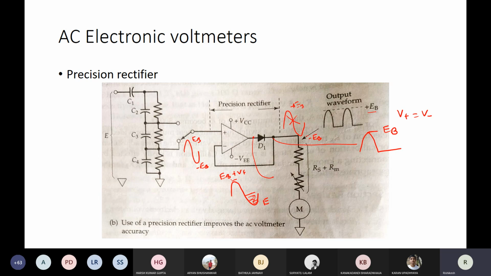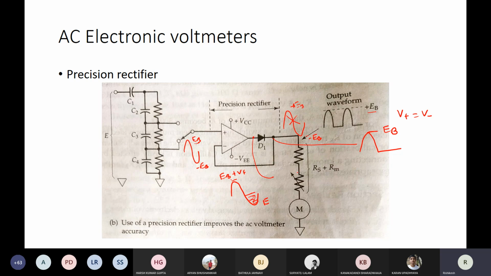So the output voltage will take care of the voltage drop across the diode, and the feedback mechanism will make sure that whatever EB is there will appear here at the cathode terminal of the diode.